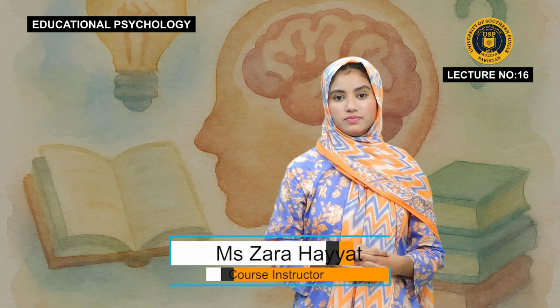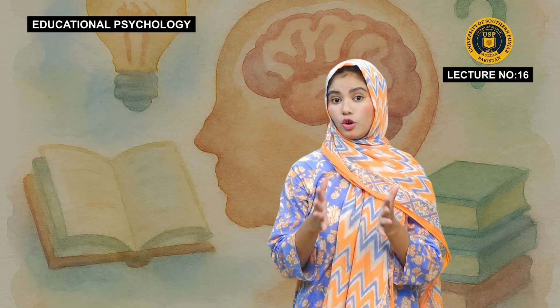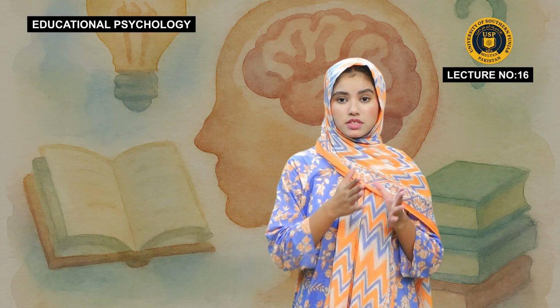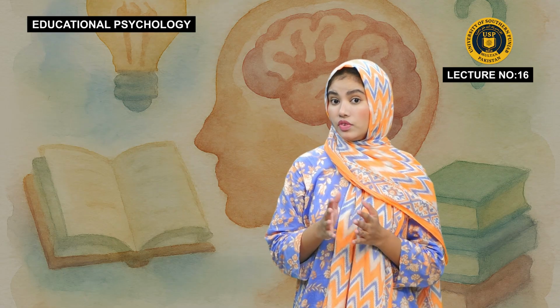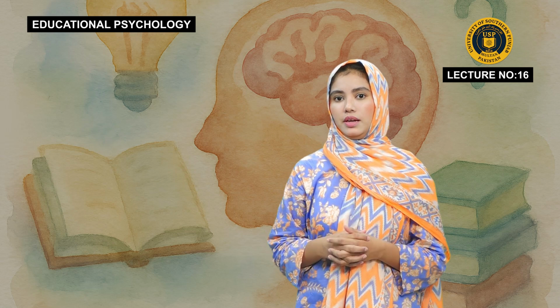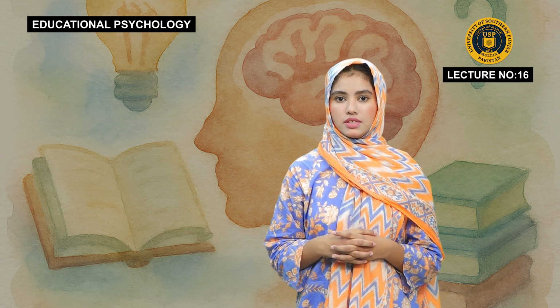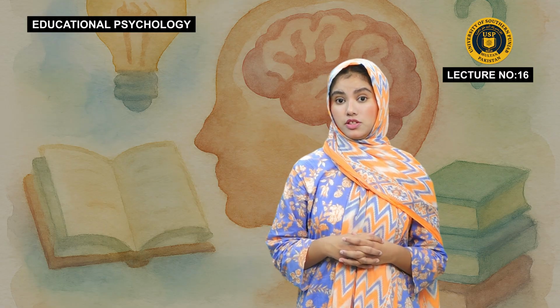I'm pleased to share the key concepts from chapters 5 to 7 of our educational psychology course. In earlier sessions, we explored educational psychology, developmental systems theory, cognitive development, and social, emotional, and moral development. Now we shift our focus to learning theories that shape teaching practice.